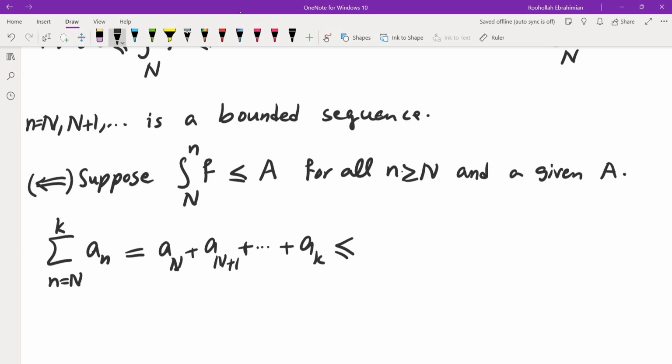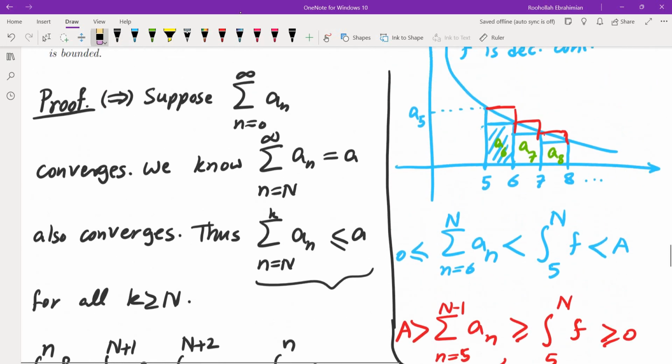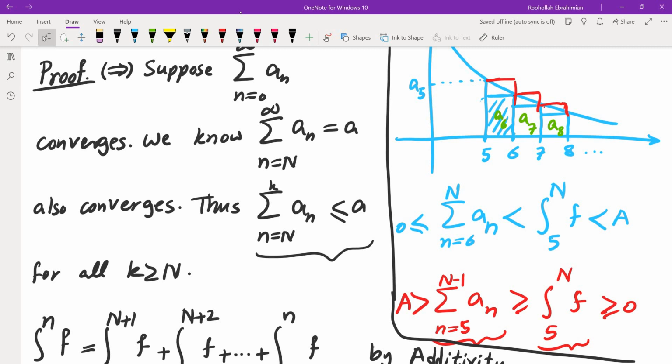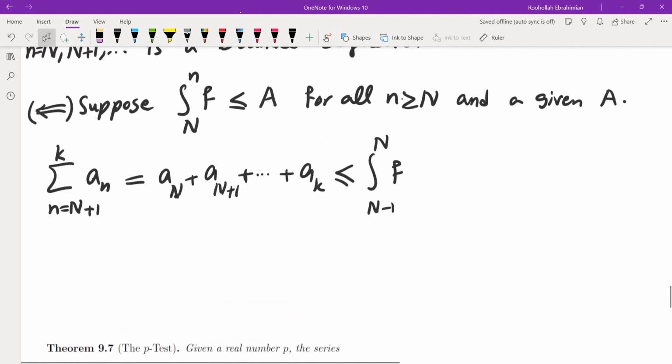So a_n would be less than or equal to the integral of f from n minus 1 to n, I believe. If you take a look at this integral from n minus 1 to n, I guess I need to take the later one. Yeah, if you go back to look at the inequality here, it started from 6, so one more than the previous one. Yeah, so this would be from n.